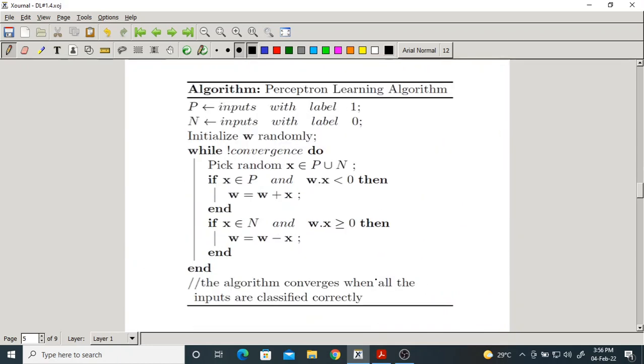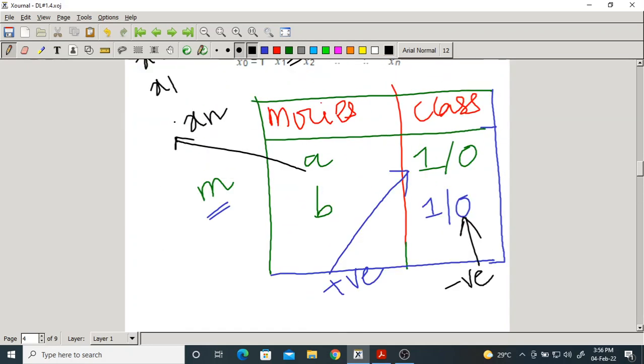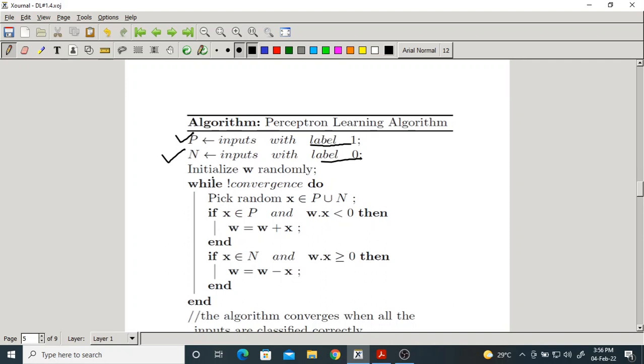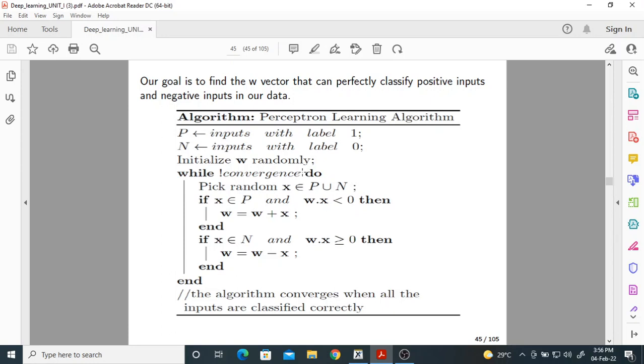As I told you, label 1 means positive input, we call it P. Label 0 means negative input, N. Each and every movie is labeled with a class, 1 or 0. 1 means positive, 0 means negative. Here P, here N. Now we initialize W randomly.